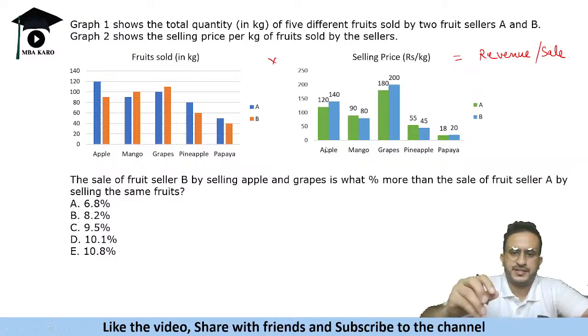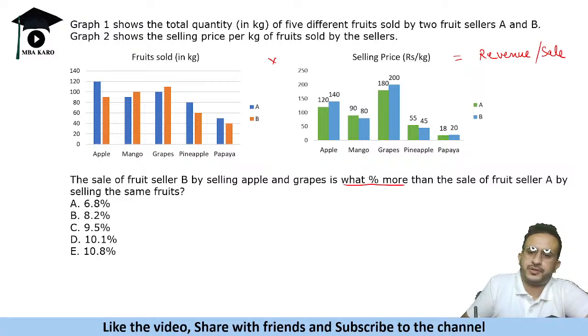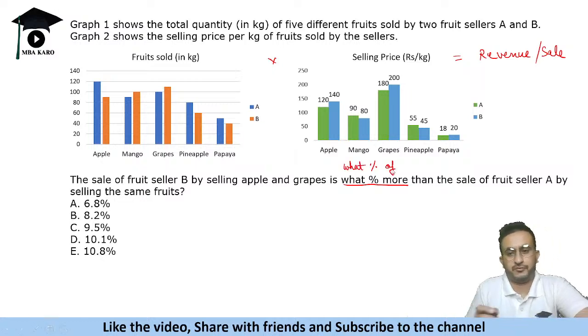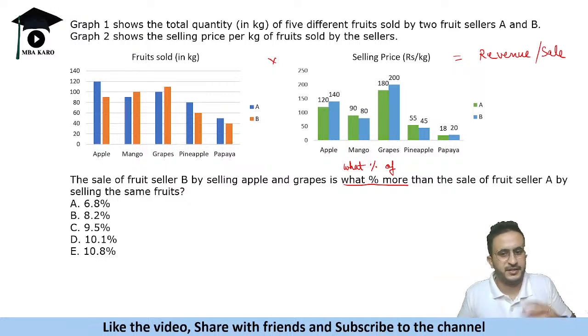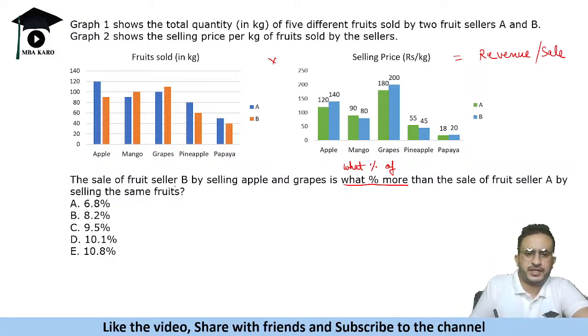Now the first question is again, what percent more? So instead of finding what percent more, try to find what percent of. They don't tell you this: they say for what percent more, first find this, then that, then subtract, then divide. Instead of that, find what percent of, then subtract it from 100. So for fruit seller B, apples and grapes. Seller B is this orange one.